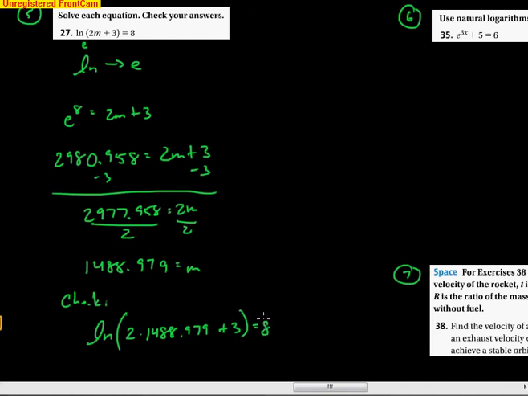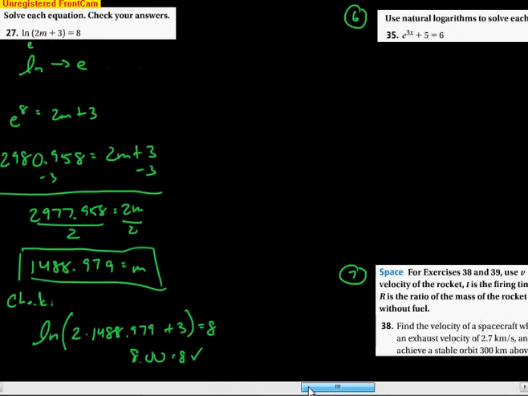The natural log of 2 times 1488.979 plus 3 equals, and I got 8.000 equals 8. That means that this is the correct solution for m. So a natural log is handled the same way, except the base is e.